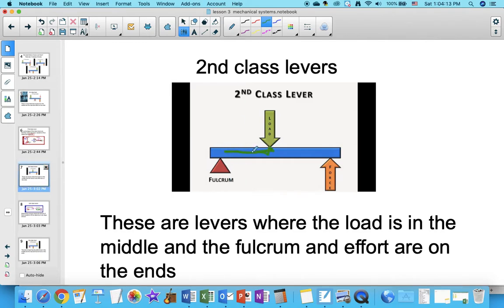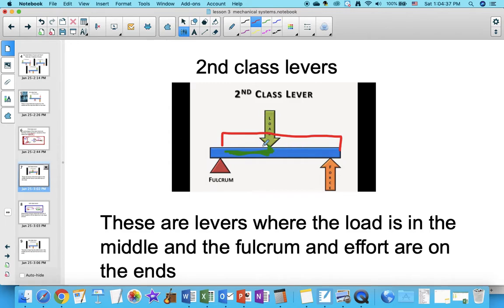That's the load arm all the way up to the load. But the effort arm is all the way to the end. So it's usually double the length of the load arm. So second class levers allow you to always have your effort distance much, much longer, or at least twice as long as the load arm.